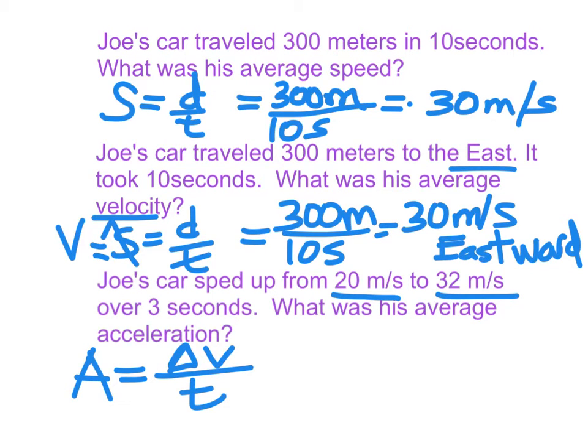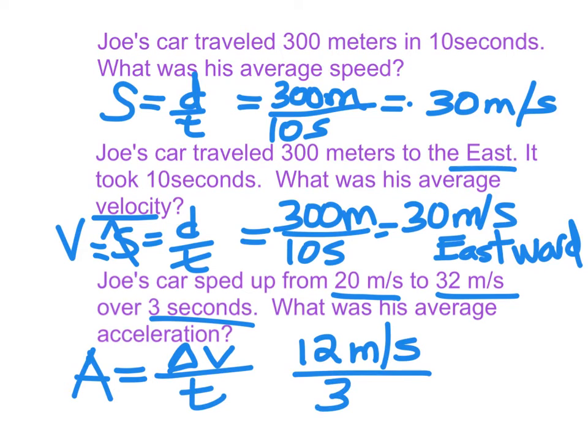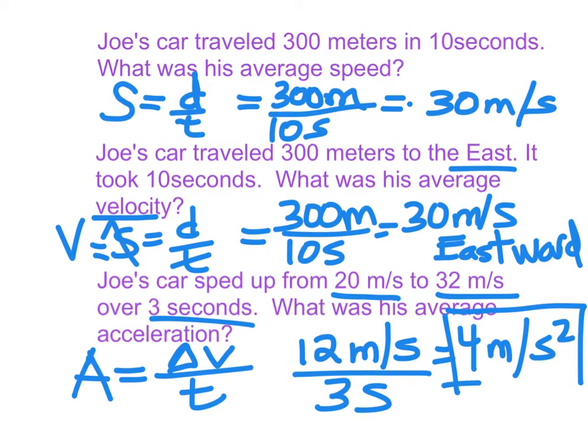We started at 20 meters per second and we ended at 32. So that's a change of 12. So the change in velocity is 12 meters per second, and the time it took to do that was 3 seconds. So now you can see 12 divided by 3 will give you 4, and your units will be meters per second, which we said we could write as meters per second squared.